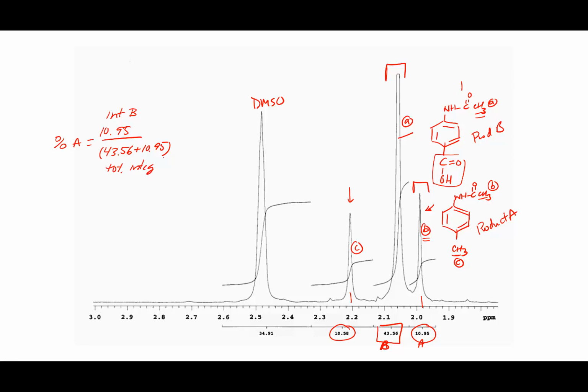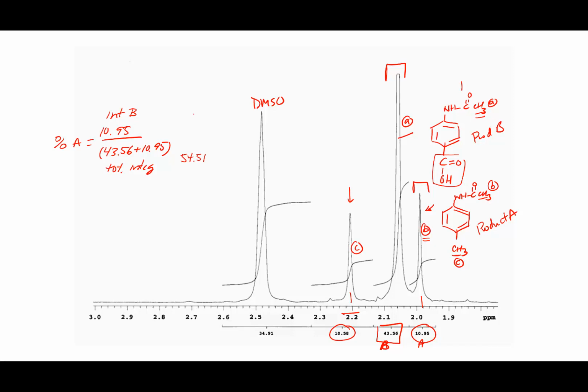What do we do with the peak at 2 here? Nothing, simply because there's no other peak to relate it to. So we're going to take 43.56 plus 10.95 equals 54.51.